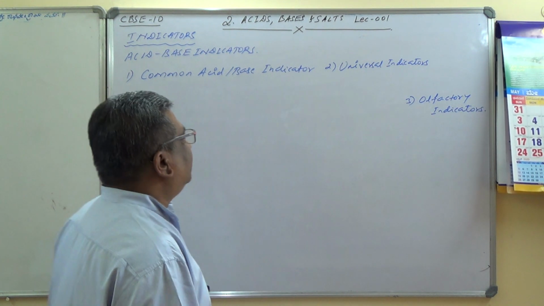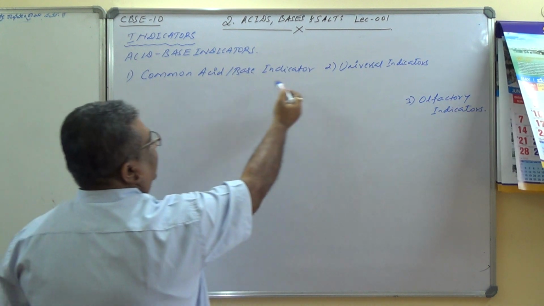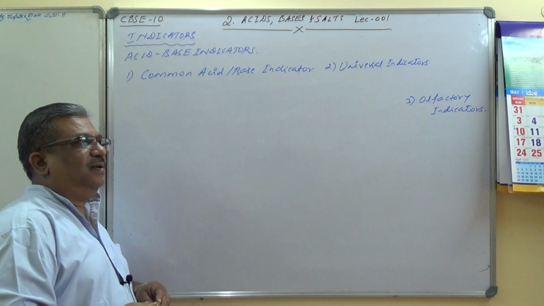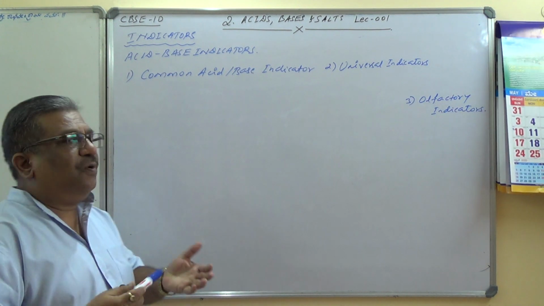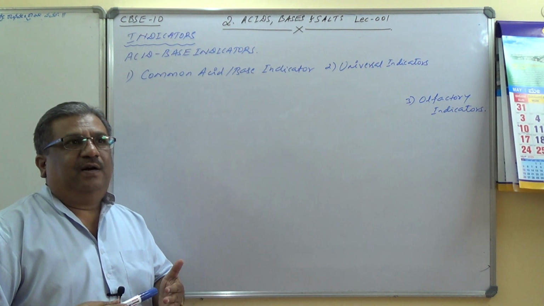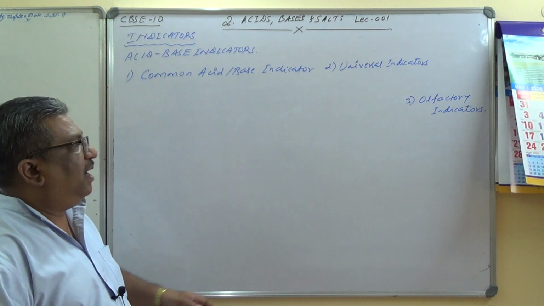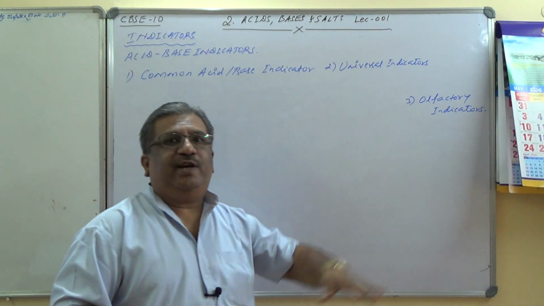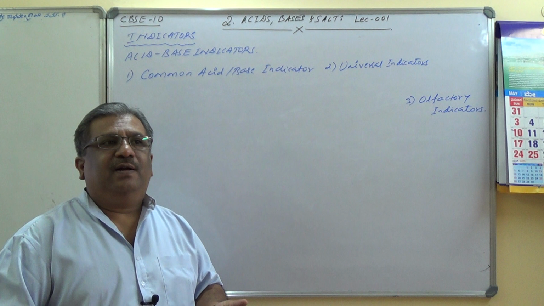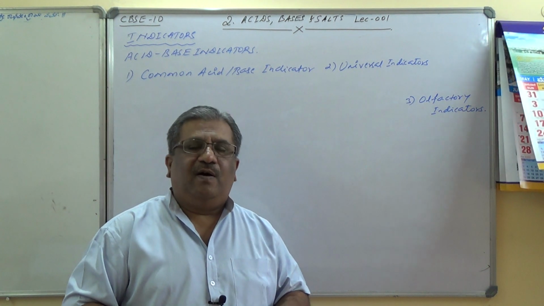These are the three categories. Common acid base indicators and universal indicators show the change in color to indicate whether the given substance is acidic or basic, and olfactory indicators change their smell to indicate whether the given substance is acidic or basic in nature.